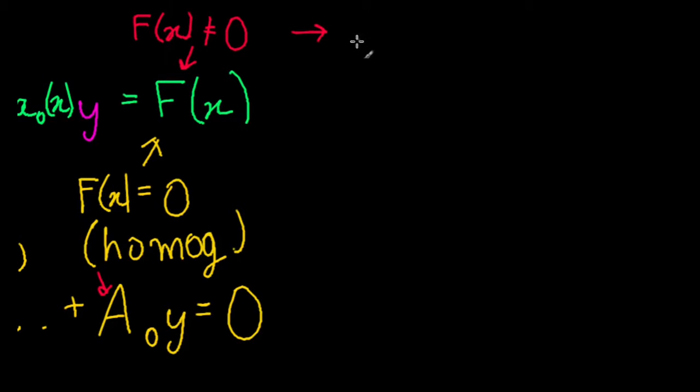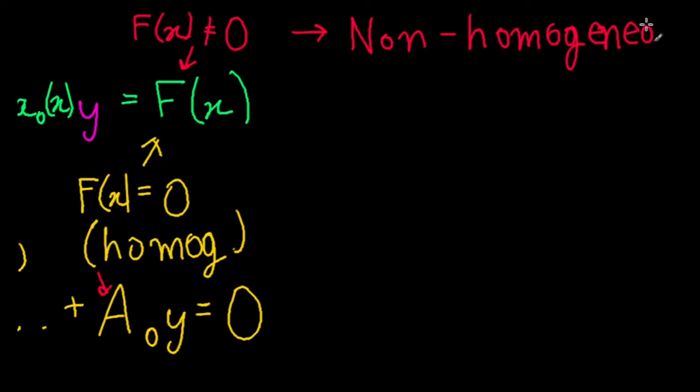So I'll write that down. This is definitely a linear differential equation because it came from our general linear differential equation, but it is non-homogeneous because the right side is not equal to 0. It's some function of x.